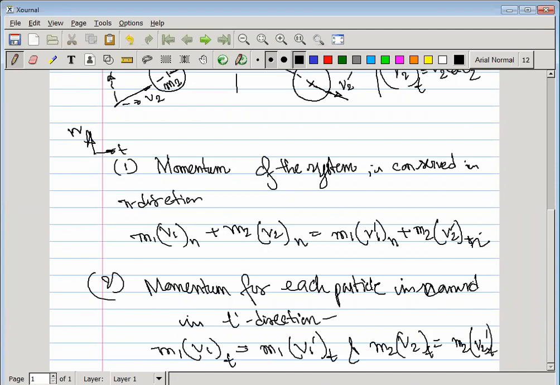In momentum, if we need to conserve along the t direction, the tangential one, then we have to write this.